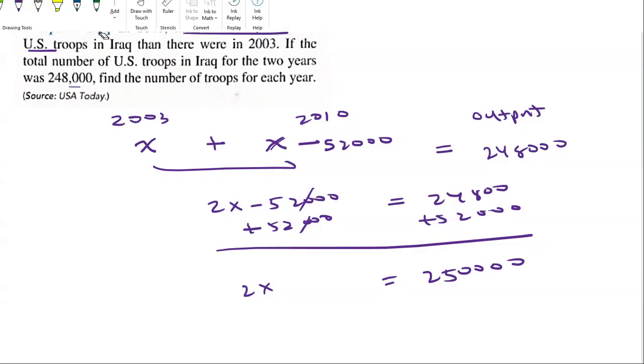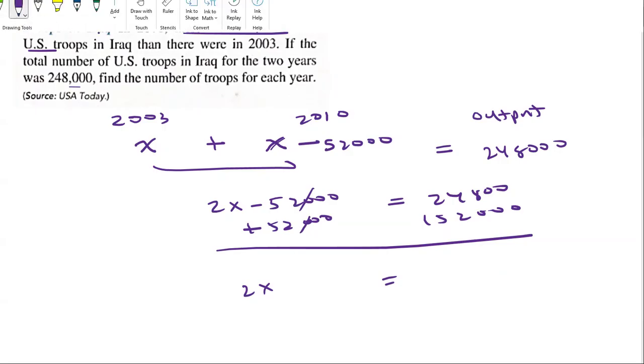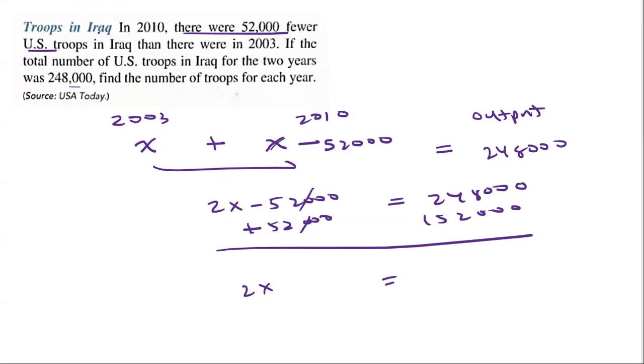So 248,000, let me read through that. There should be another zero here. There we go, plus 52,000. So that gives us 300,000. Then we can divide by two, and we get 150,000.